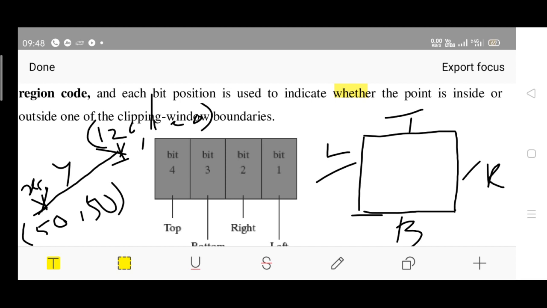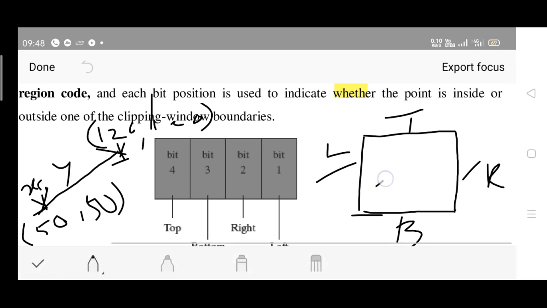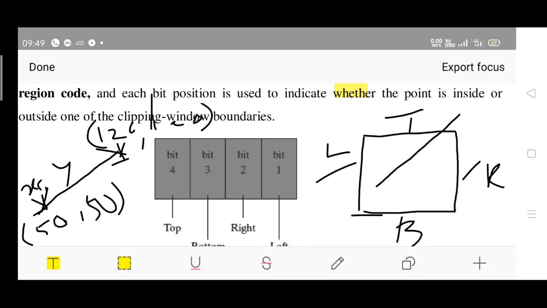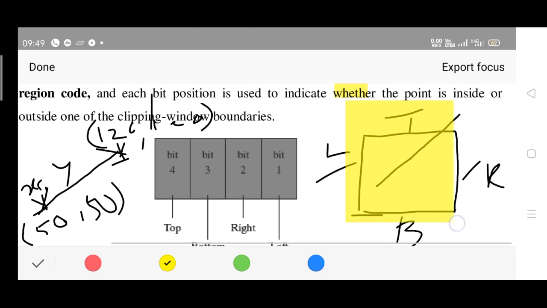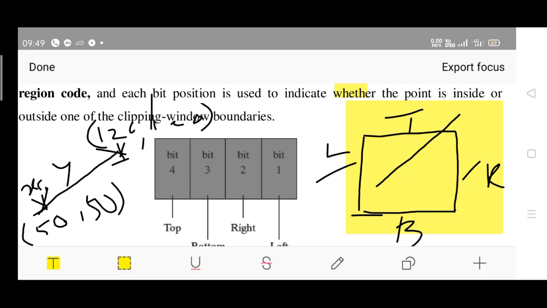Assume this is the input line segment you have given after defining the rectangle. Observe the line segment carefully, and check whether any region of the line segment falls outside the rectangle. Let me highlight it for your reference.